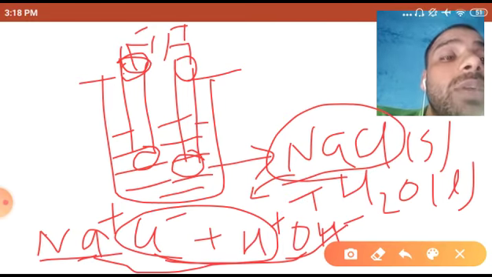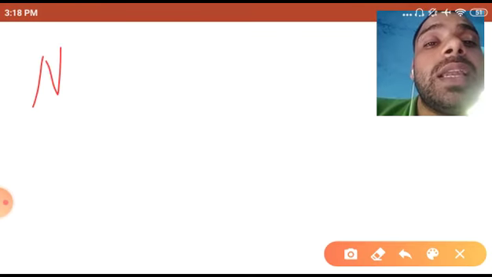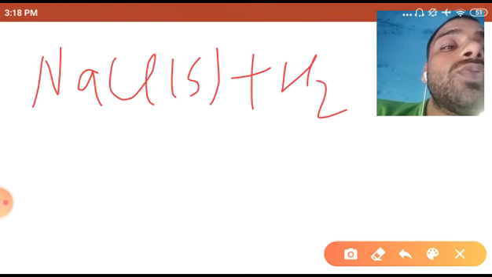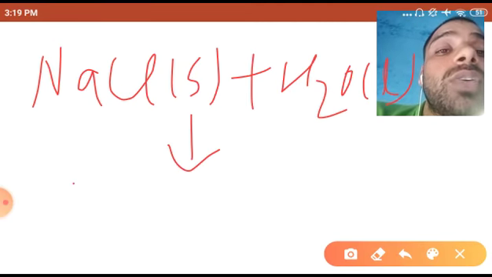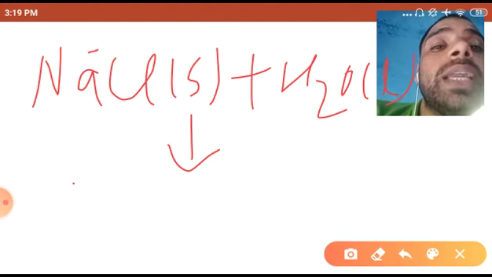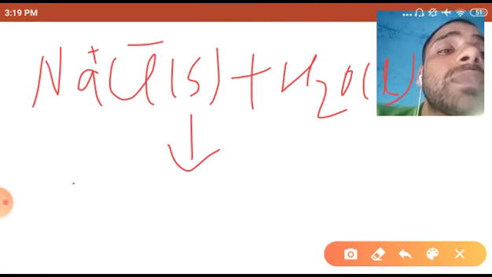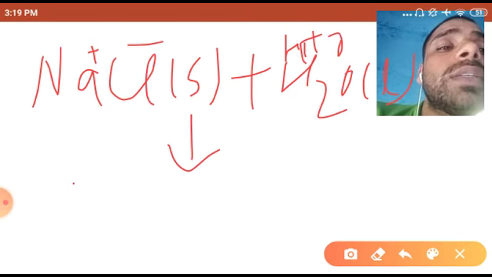So you have understood. I am writing this freshly: NaCl solid plus H2O liquid. What will it break down into? It will break down into Na+ and Cl−, and water will break down into H+ and OH−.